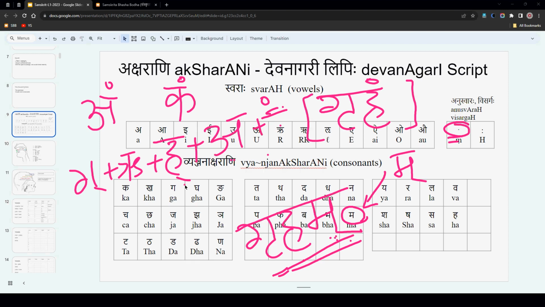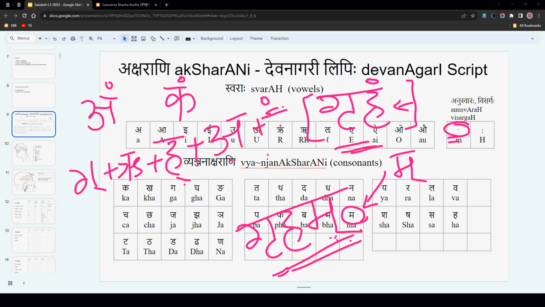Gruham. There also at the end there is a ma. How is the ma pronounced? Ma pronunciation is using two lips. Two lips, bottom and top, they close, then we say ma. So however you try to pronounce this, if you are saying ma there, graham, then the lips are touching each other. So there is a makara coming there, so it is not an anuswara.